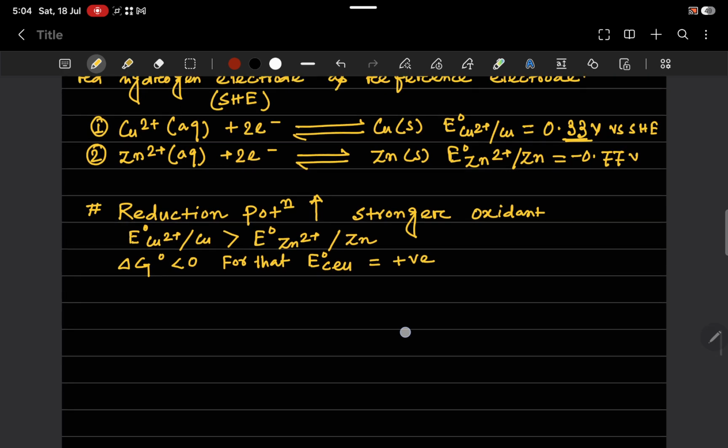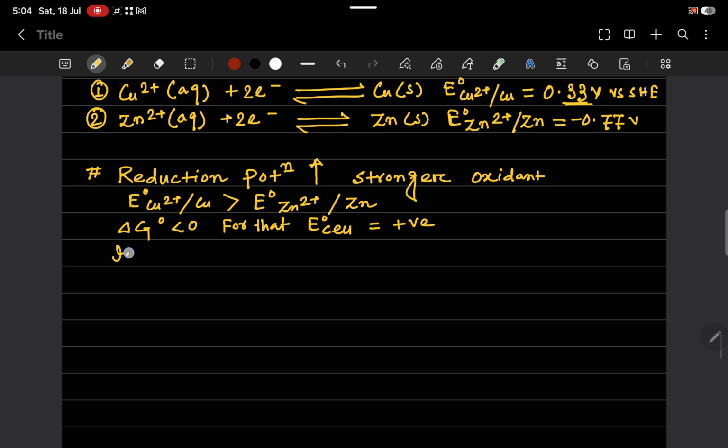Now if we subtract in this way, E0 copper 2 plus, copper minus E0 zinc 2 plus, zinc, right?